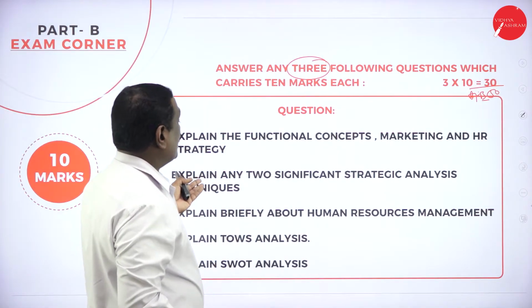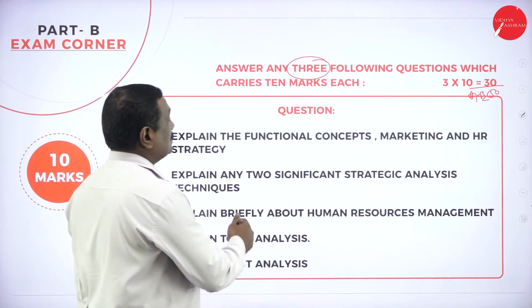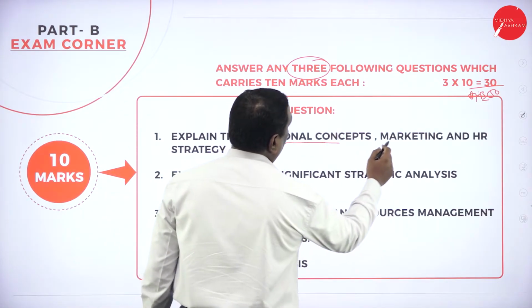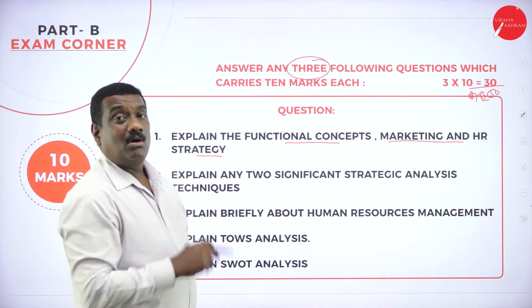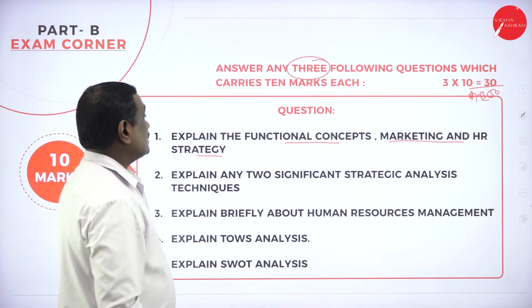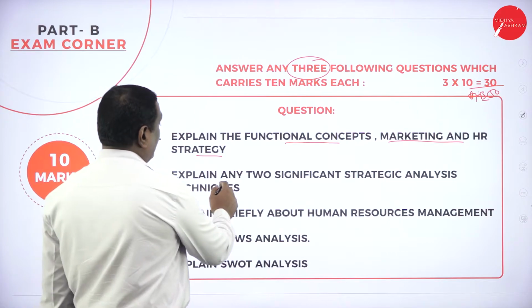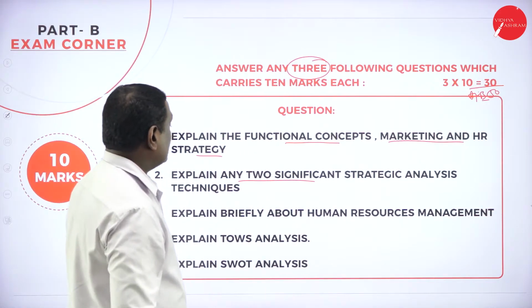So the questions may appear like this: explain the functional concepts, marketing and HR strategy. So they can ask you to answer and explain about the functional concept, then about marketing and HR strategy. Then also they can ask you, explain any two significant strategic analysis techniques.